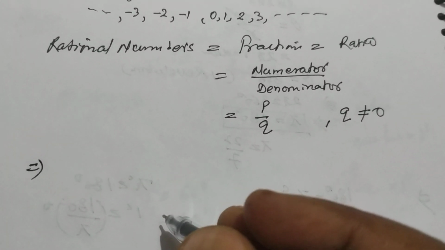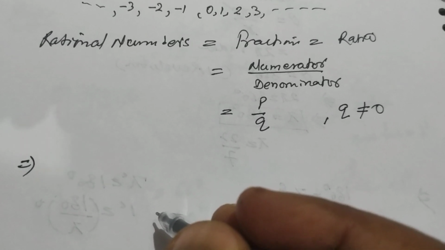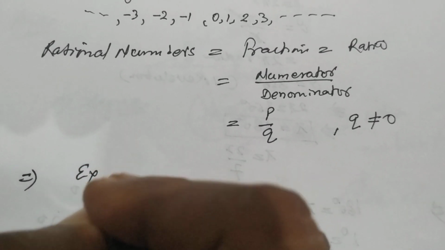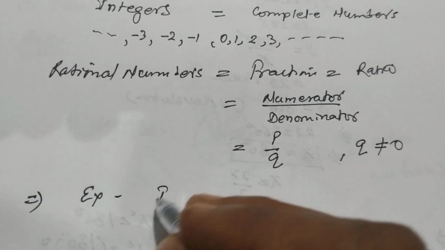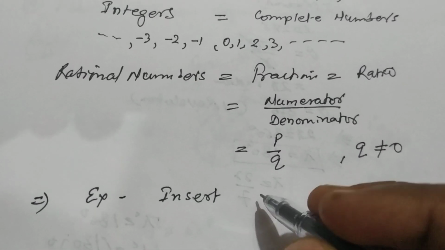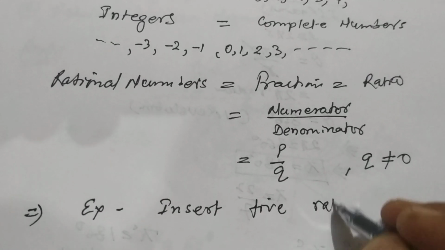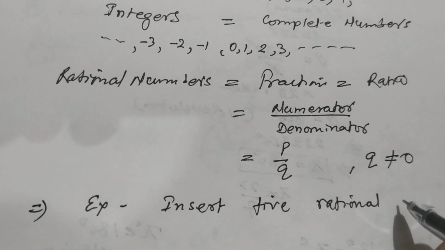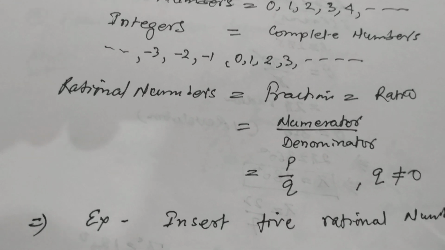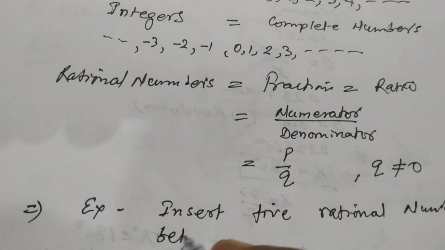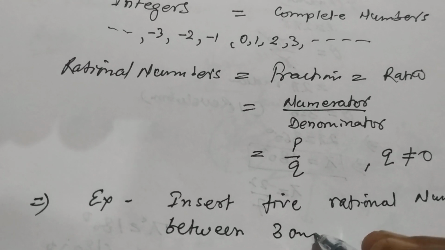Now we will insert the rational numbers between any two numbers. Example: insert 5 rational numbers between 3 and 4.